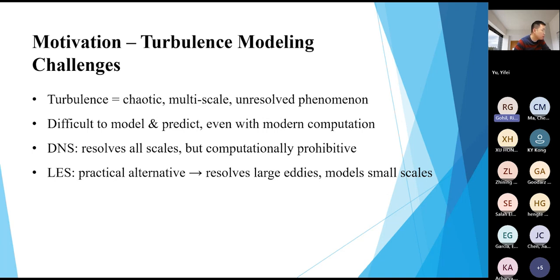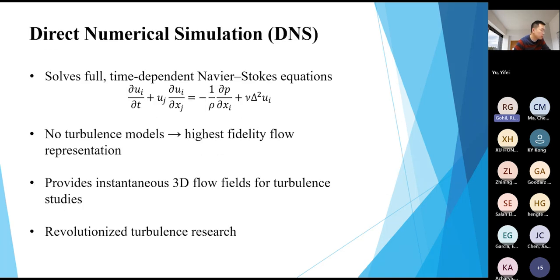To appreciate LES, let's first recall what DNS actually solves. DNS solves the full time-dependent Navier-Stokes equation. The governing equation is this, where ui is the velocity component in direction i, t is the time, xj represents the spatial coordinate in direction j, p is the pressure, rho is density, nu is kinematic viscosity, and delta is the Laplacian operator.